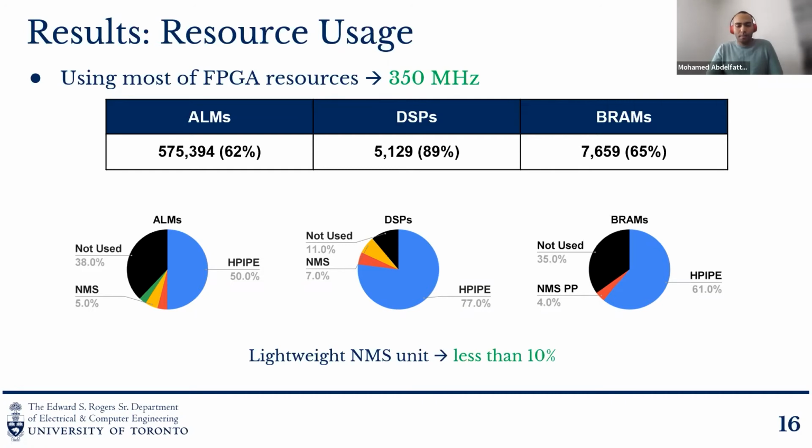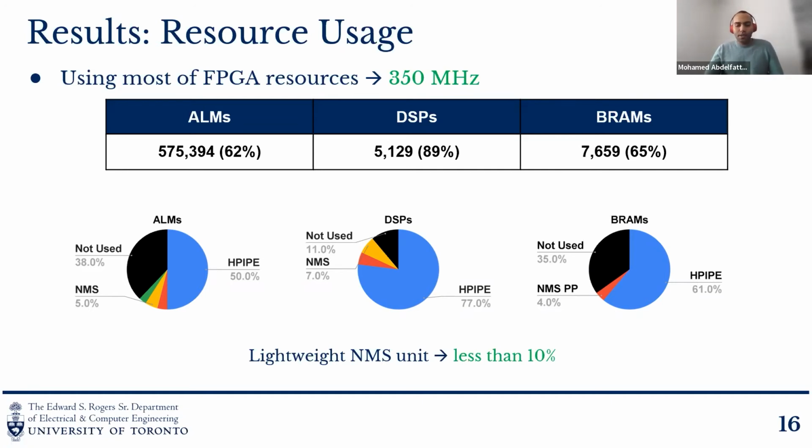Looking at the resource utilization, we can see that we're nearly utilizing most of the FPGA resources, mainly DSPs, at approximately 90%, and yet we're achieving a very good frequency of 350 megahertz. Moreover, if you look at the distribution of resources between Hpipe and the NMS unit, you can see that the NMS unit is very lightweight, as it consumes less than 10% of the available resources.